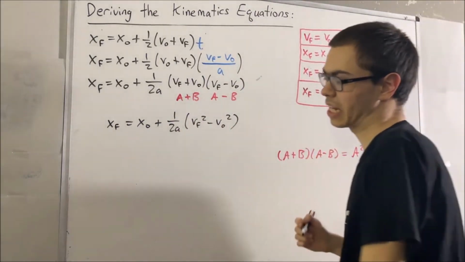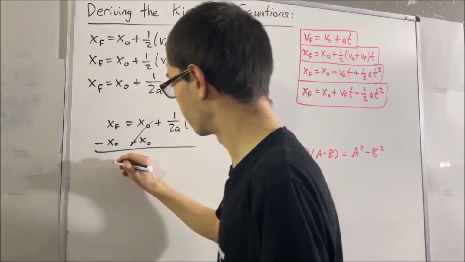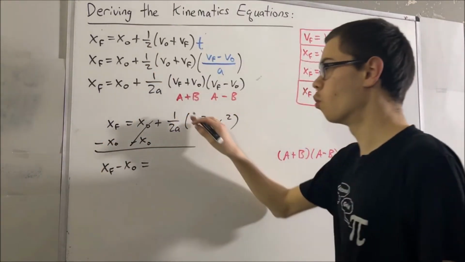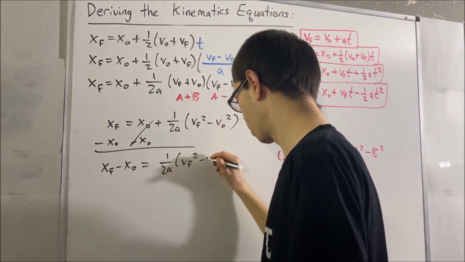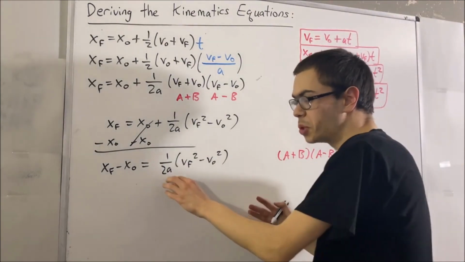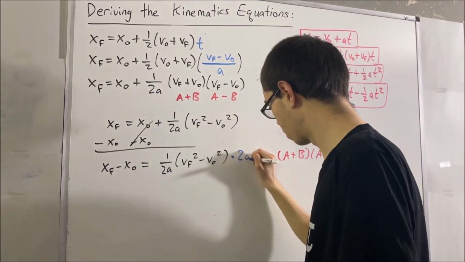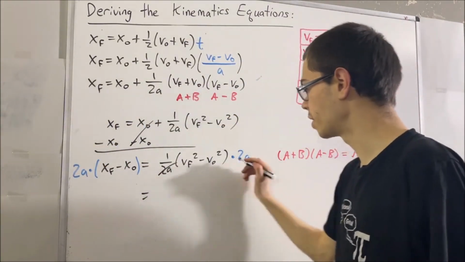Okay, and next I'm just going to subtract x naught to the other side. So we're left with xf minus x naught is equal to 1 over 2a times vf squared minus v naught squared. And next, we're going to eliminate the fraction by multiplying 2a on both sides. And when we do this, notice the 2a's go away.